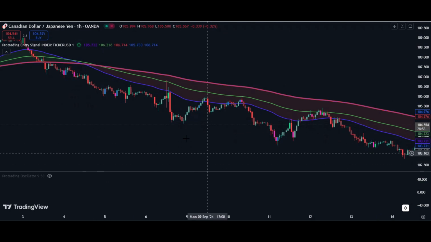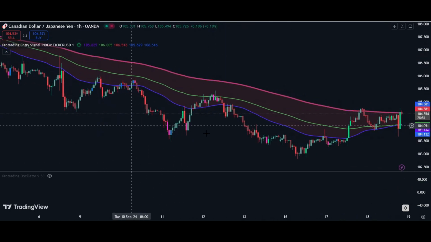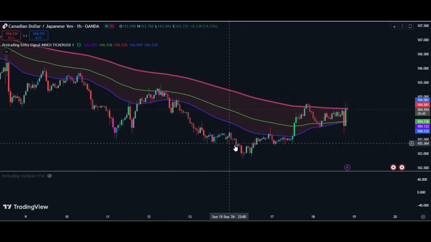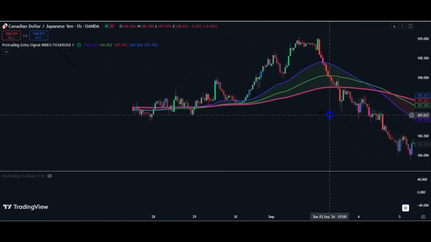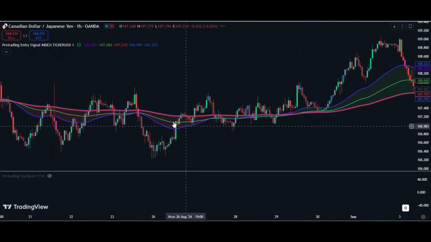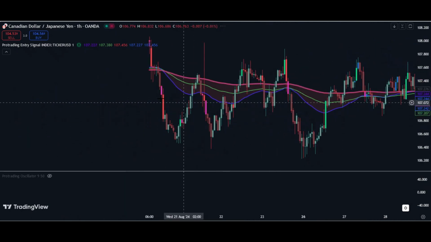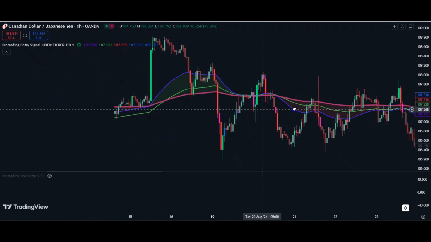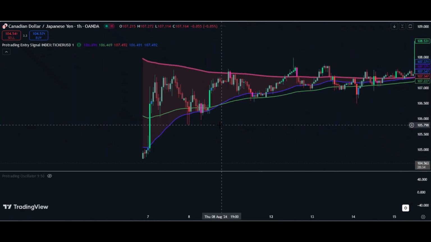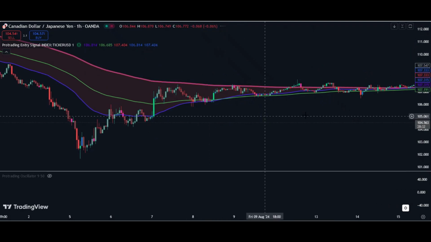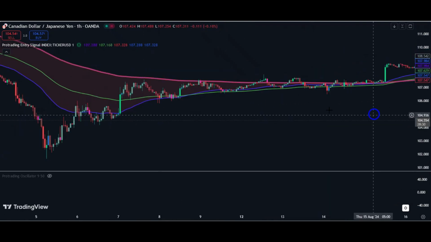Whenever we get a signal using this indicator, we know that we are having a clear signal of what is actually happening in the market. This helps us to be on the right side of the market, because trading the market and being on the right side of the market is what gives us the opportunity to make money from the market.